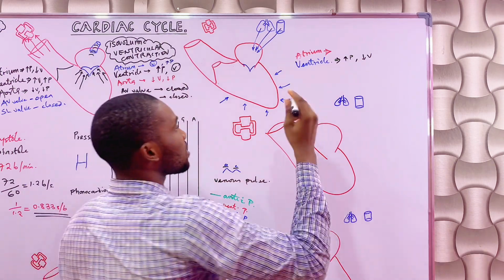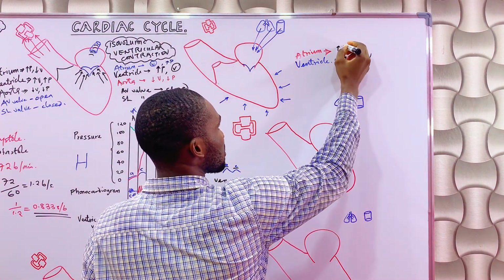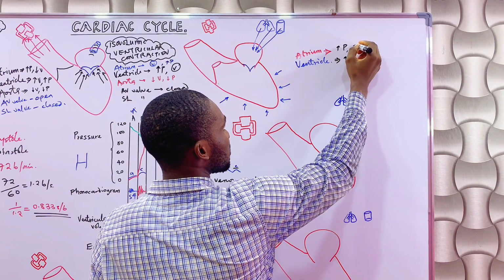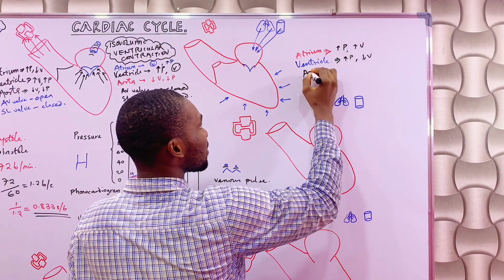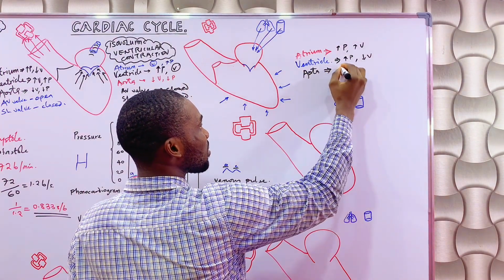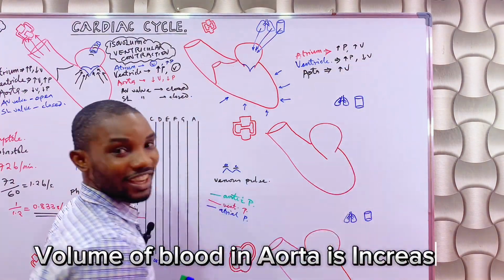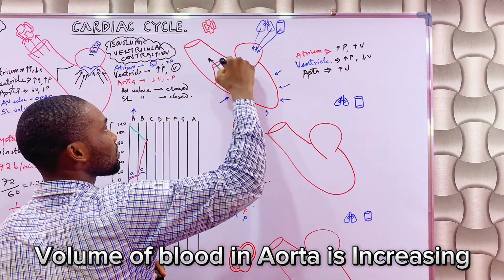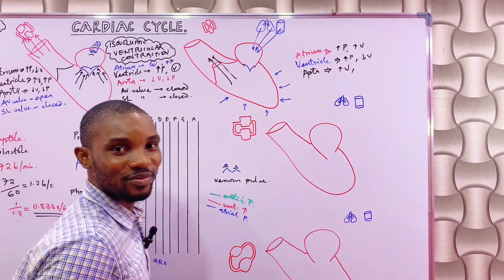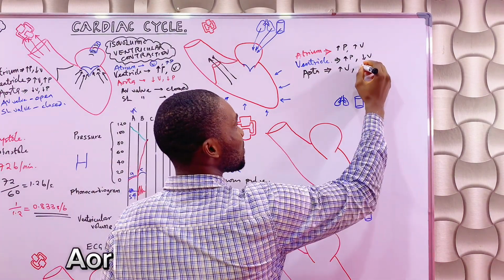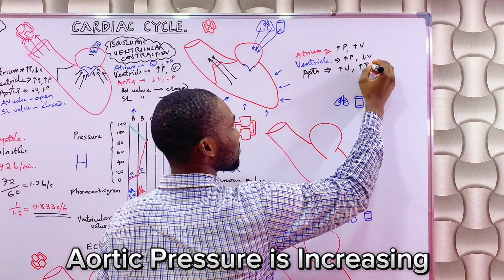Okay. So it's taking up blood, causing increase in pressure and increase in volume. All right. Then the aorta, I'm sure you tell me that the aorta is increasing in volume. Yeah, because blood is rushing into the aorta, right? And then how about the pressure? It's increasing, right? So we have increasing pressure as well.